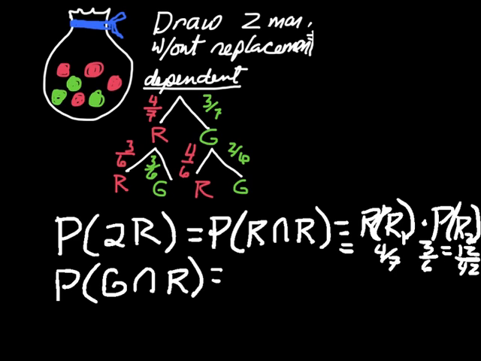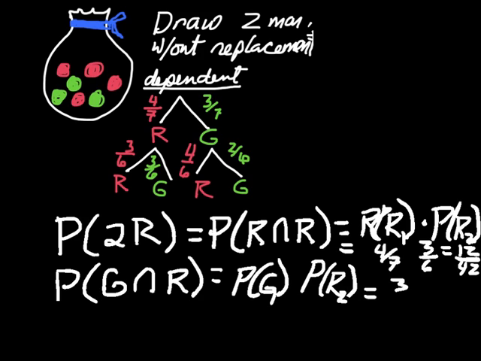And a green and then a red, well, that will be the probability of a green times the probability of a red on the second draw, and that will equal 3/7 times 4/6, which is also 12/42. And you could reduce that to 2/7, or you could change it to a decimal. Both would be correct.